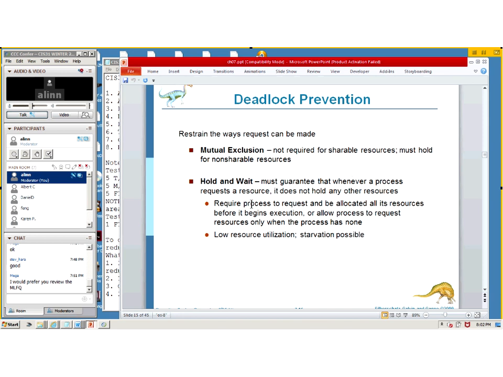Hold and wait: must guarantee that whenever a process requests a resource, it doesn't hold any other resources. Back on the mainframe many years ago, when I started programming on the mainframe in the 1970s, you had to pre-allocate all the resources to the program before it ran, and that's how it avoided deadlocks from occurring.